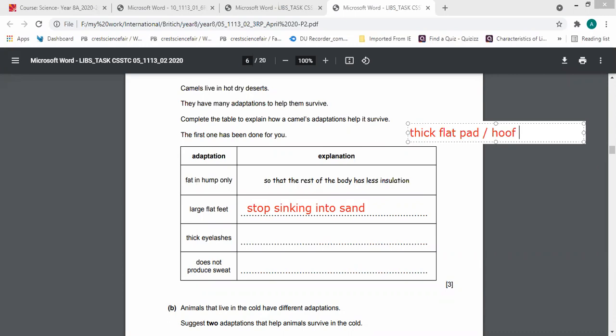Okay? You got it? Yes. So the foot of the camel is called pad, and this pad is thick and flat to help the camel to move or walk on the hot desert sand, so it avoids sinking inside the sand particles. Okay?